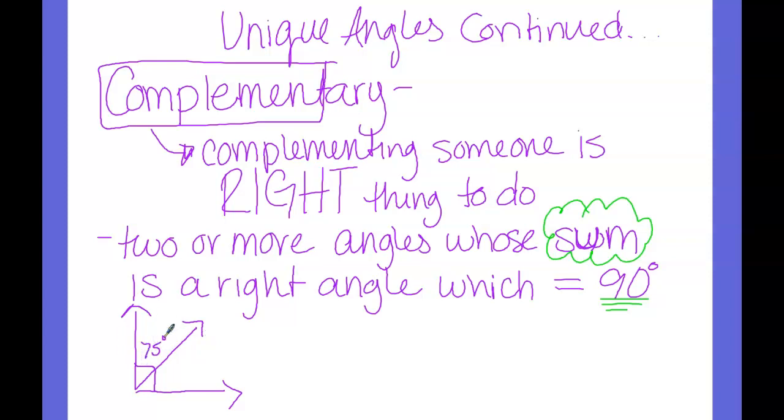Obviously, this isn't drawn to scale. The bottom angle measured 15. So 75 plus 15 gives me what? 90. So those two are complementary angles.